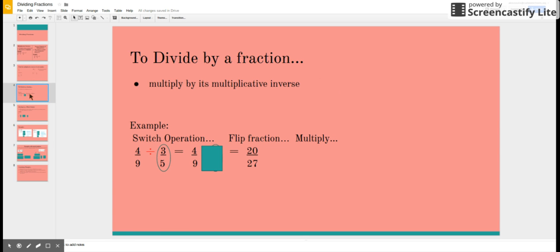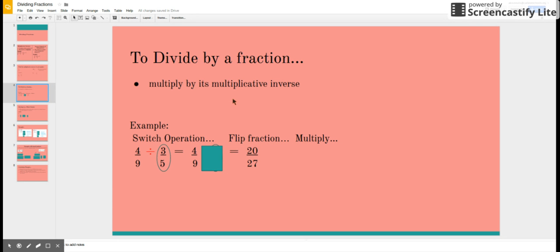To divide by a fraction, you need to multiply by its multiplicative inverse. So basically, whenever you see that you're dividing by a fraction, you just multiply by whatever the fraction is flipped, or the reciprocal, or the multiplicative inverse. They're all the same thing.